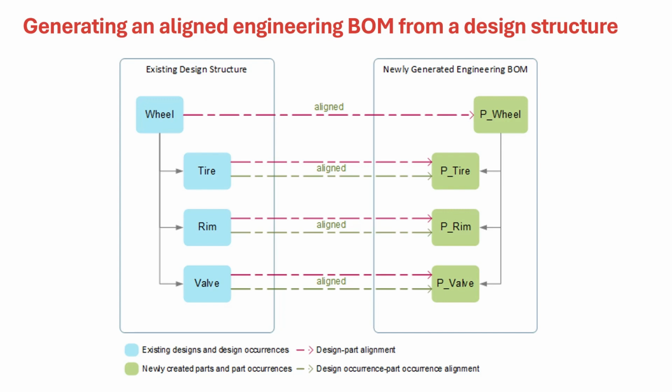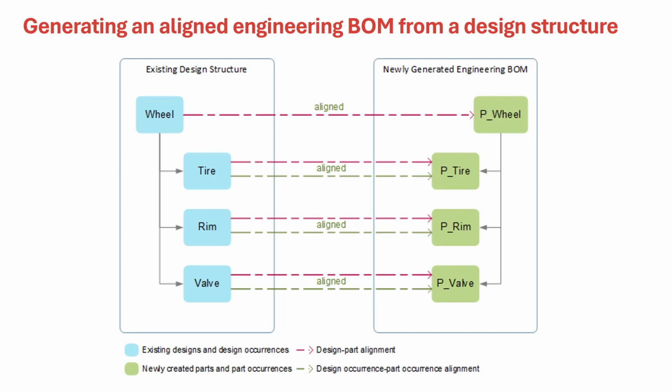They can add flexible parts that have multiple designs but a single part, or they could add a part that has multiple parts but a single design, in case of a wheel with different colors or material.